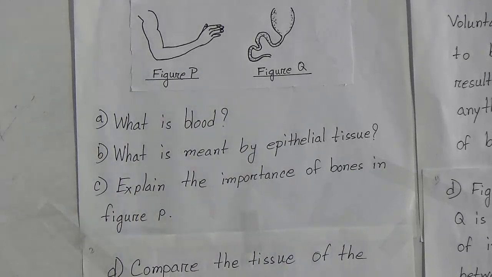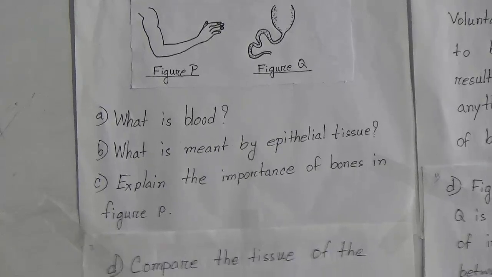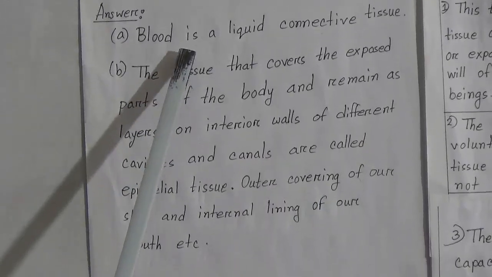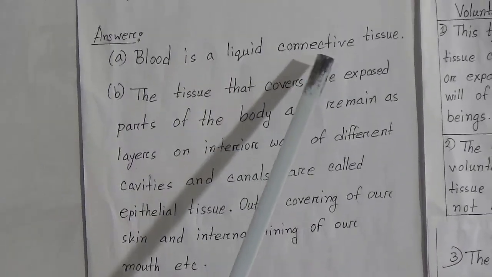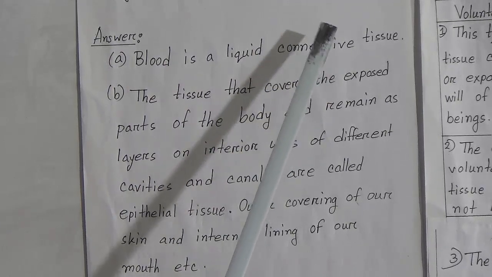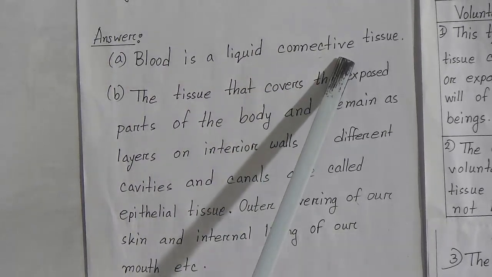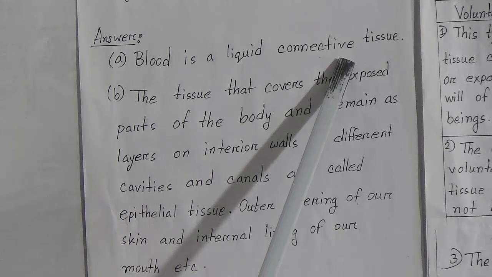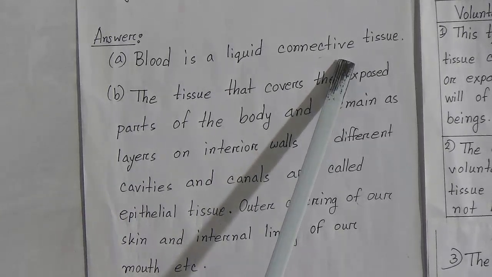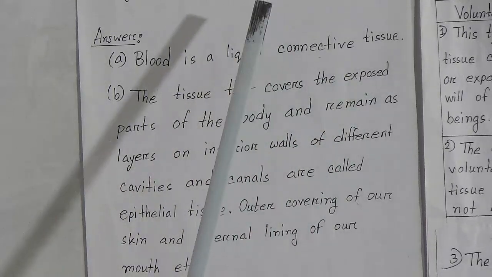Now the answer. The A question was, what is blood? The answer will be, blood is a liquid connective tissue. The connective tissue, we already know, establishes connection among different tissues and organs.